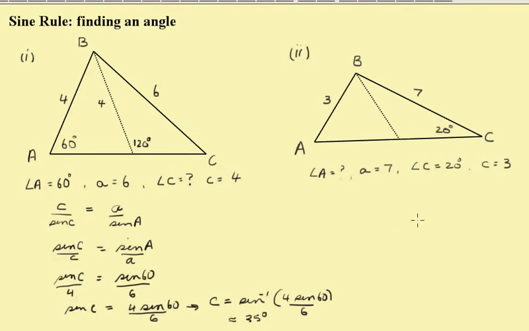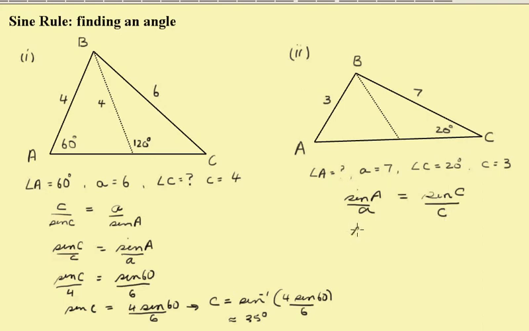However, this is a different case. This is the ambiguous case. So we'll set this up as before, and we'll start off now with finding what angle A is. So we'll have the sine of A over a is equal to the sine of C over c.